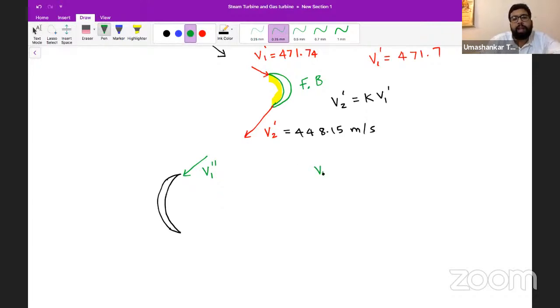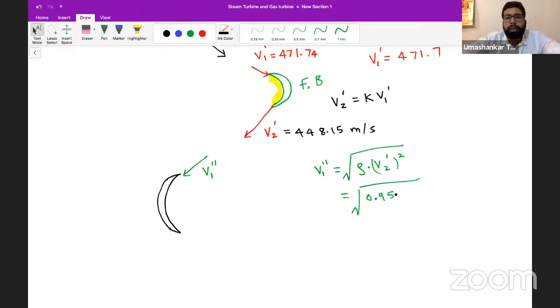So this V1 double dash we can calculate like this. It is rho into V2 dash square under root. Okay, so let us put all the values. We have rho, and unless otherwise specified, keep the carryover coefficient the same as what is given in the previous stage.